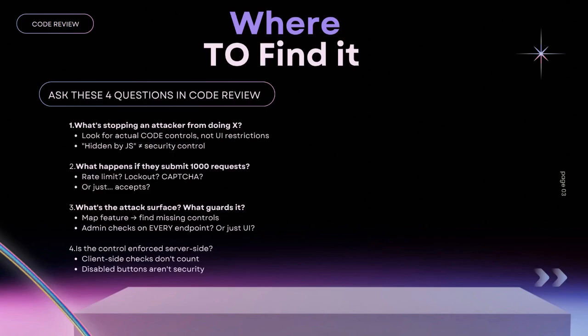I ask what stops me from resetting someone else's password, and then I look at the code to see if there is actually a mechanism that prevents it. If the answer is, well, the front end only shows the reset button to logged-in users, that is not a mechanism. That is a security threat, and that's insecure design.